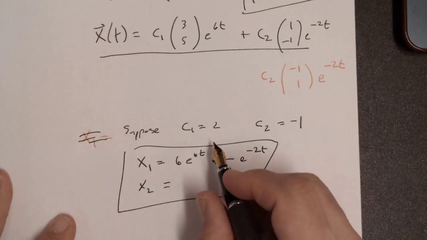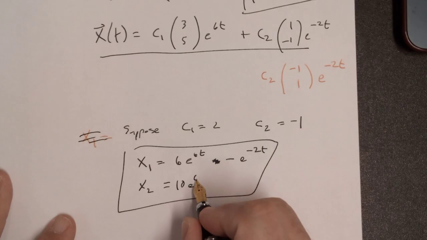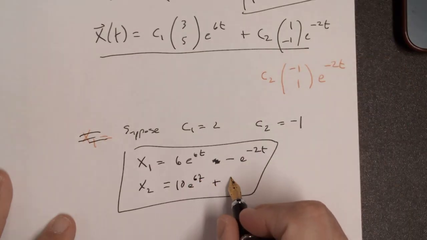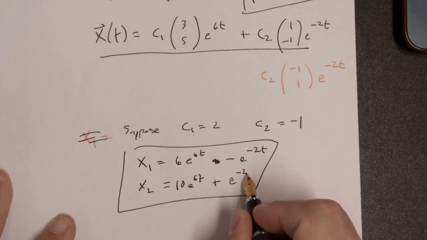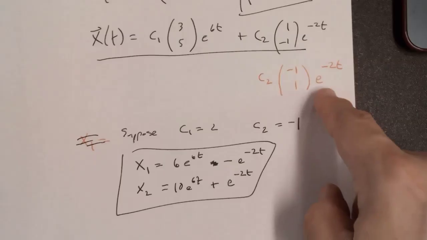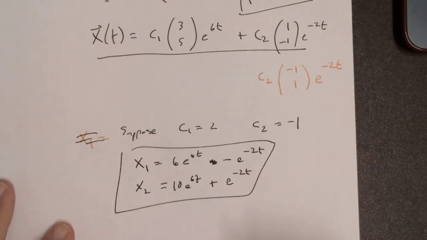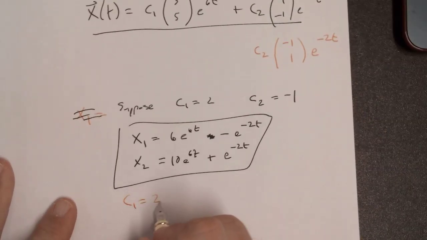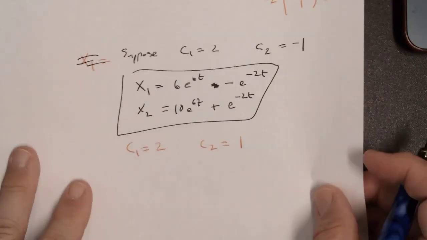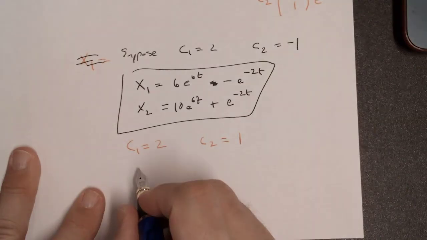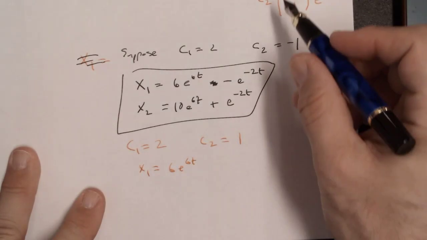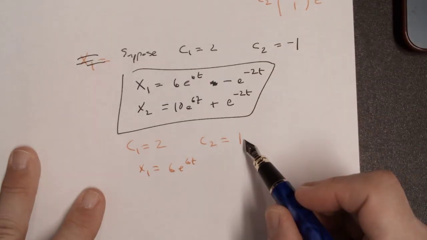I've got to finish this out now, though, because they'll bug me if I don't. If I switch to using the other one, then C1 will equal 2, but C2 will equal +1. And then I get x1 is 6 e to the 6t, but minus 1.